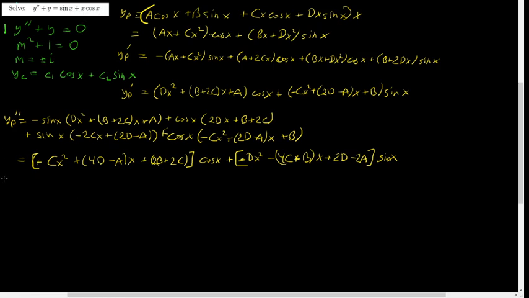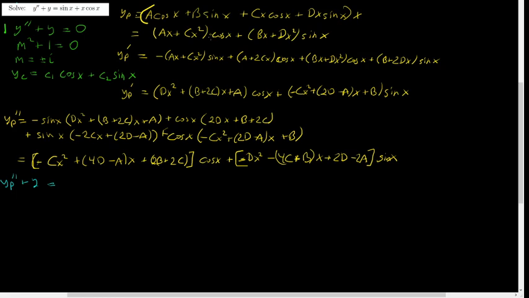So, all right, let's see if that works. All right, so let's write the left side of the equation is yp double prime plus yp. All right, so let's start with the cosines.